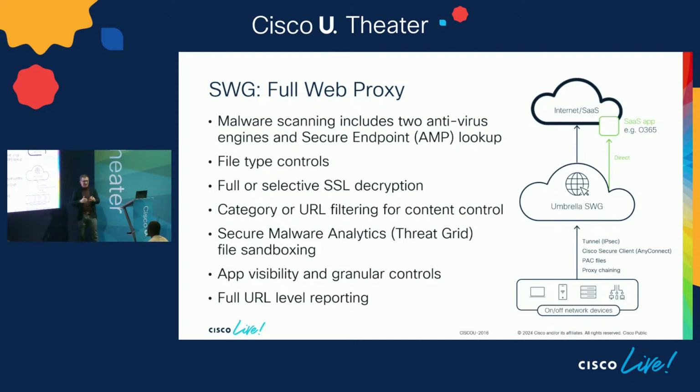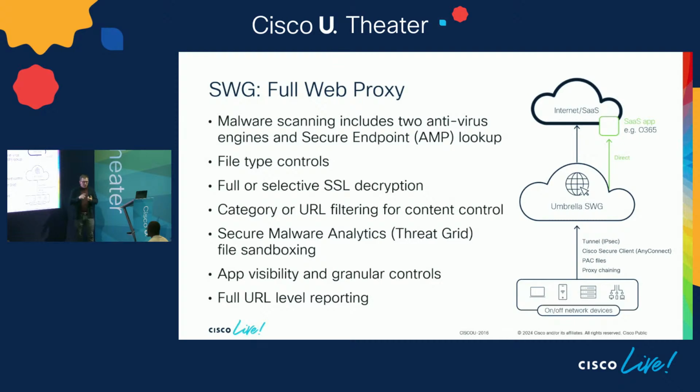If this cloud does not have any definite information whether this is malicious or not, I can send the whole file up to Secure Malware Analytics Cloud, formerly known as ThreatGrid Cloud, for file sandboxing. I have file type controls feature where I can decide to block files based on file type detection. Let's say I can block all PDFs going through the proxy.